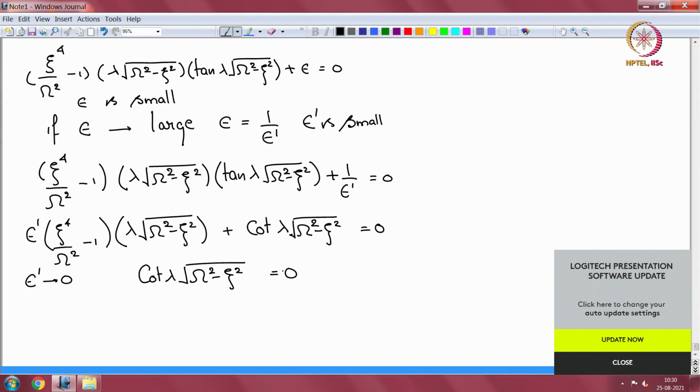That means the cosine is equal to 0, and therefore, lambda square root of omega square minus xi square, we have seen this solution before, okay, is equal to twice m plus 1 pi by 2, m starting from 0 etc.